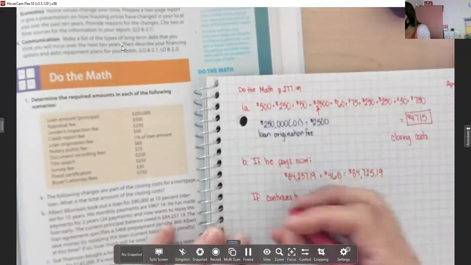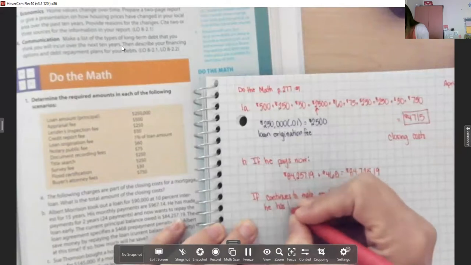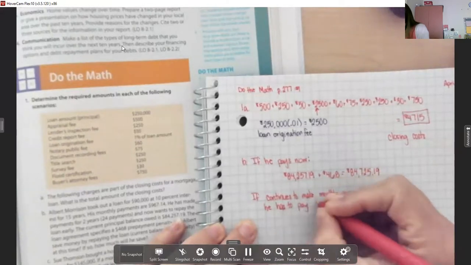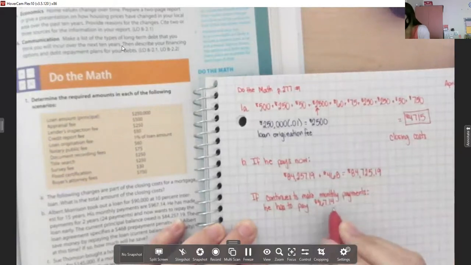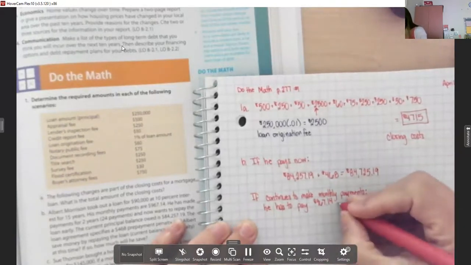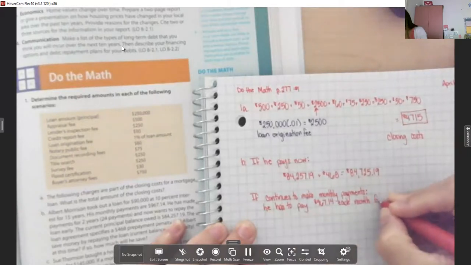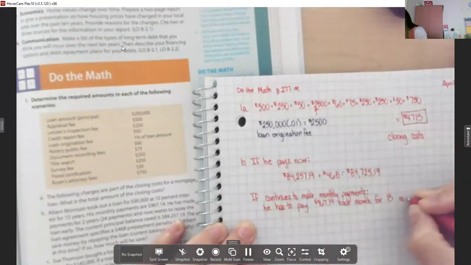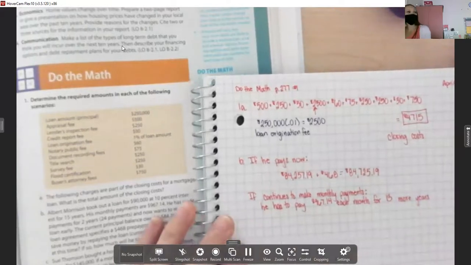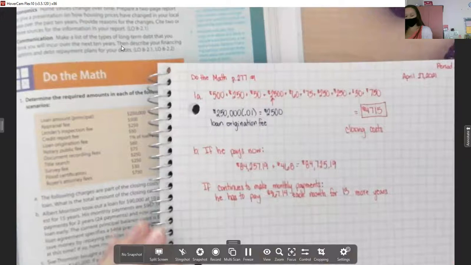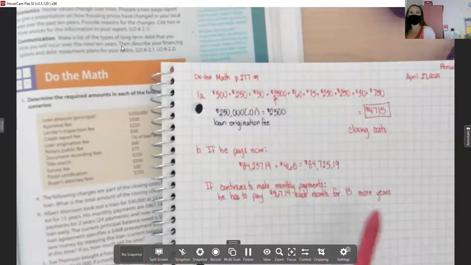So if he continues to make monthly payments, he has to pay, just kind of writing this down in case you have something like this on your test, $967.14 each month for 13 more years. So again, it was a 15-year loan, but he's paid on it for 2 years. So he's got 13 years left.